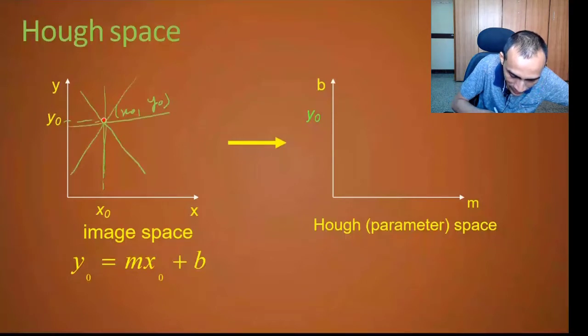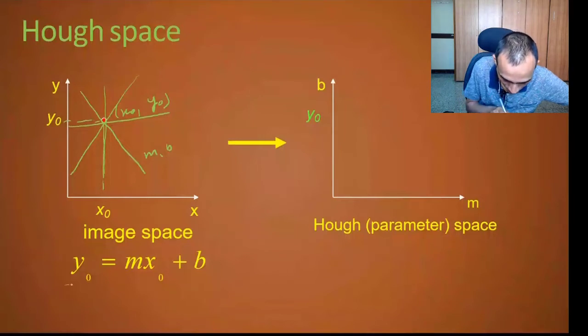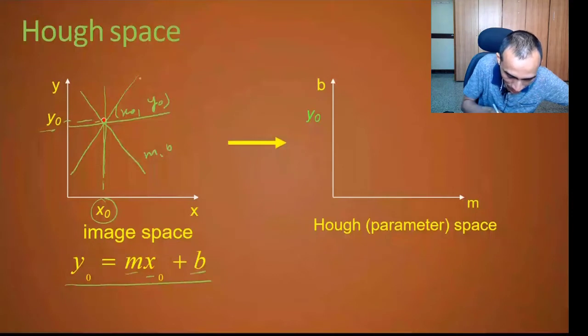There is a family of lines that can pass through, each with its own slope and intercept. If you see our line equation, we are considering right now a particular point x naught comma y naught. So that is fixed, but m and b are variable. m and b will depend on which line we are talking about that is passing through this point. So this equation is referring to a family of lines that are passing through that point.